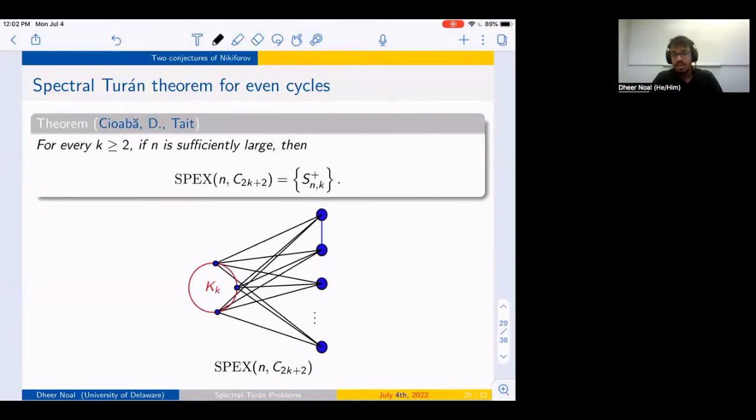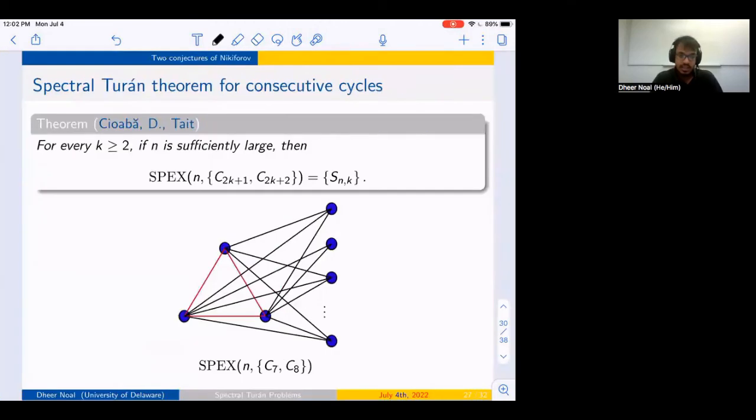And then it turned out that we can just generalize our proof and use it to show that for all even cycles, C_{2k+2}, the spectral extremal graphs are going to be the S_{n,k}^+. And this could be further generalized for the first part of that conjecture where you're forbidding a pair of consecutive cycles.